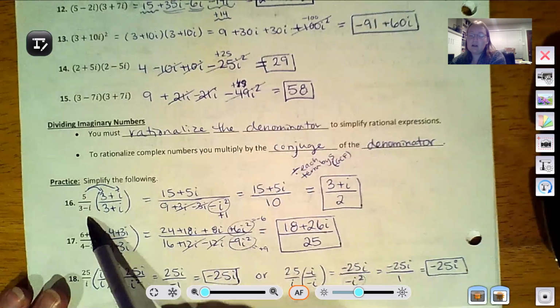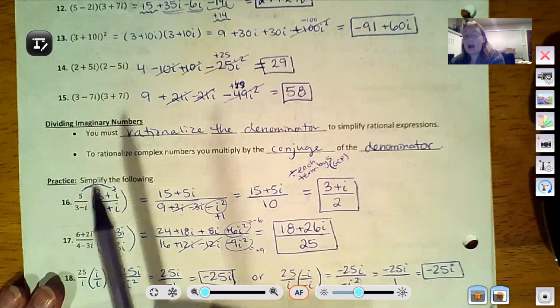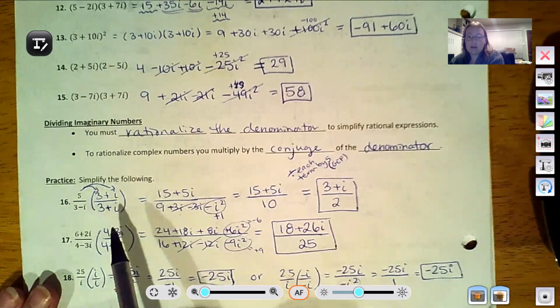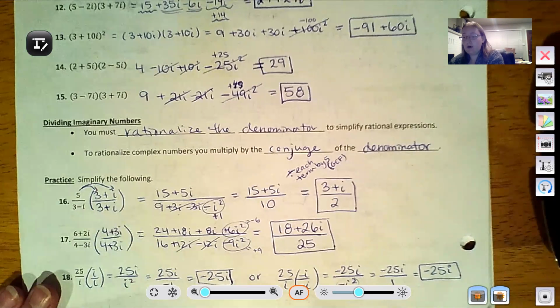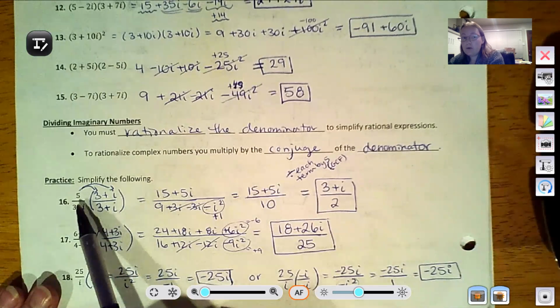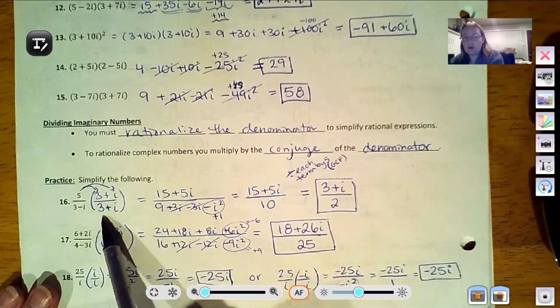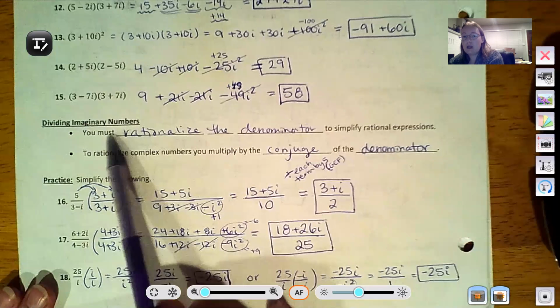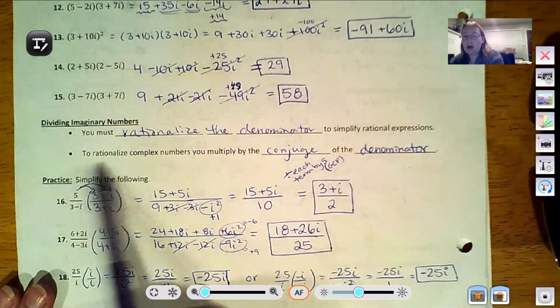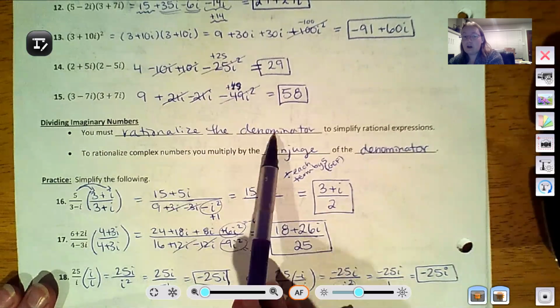We like having our rational expressions be rationalized, meaning that it's a rational number in the denominator, not complex and not irrational, not a square root. So similar to what we did with the square root problems, we are going to multiply by the denominator's conjugate. So you must rationalize the denominator to simplify expressions, and you do that by multiplying by the conjugate of the denominator. Again, rationalizing the denominator is all about the denominator.